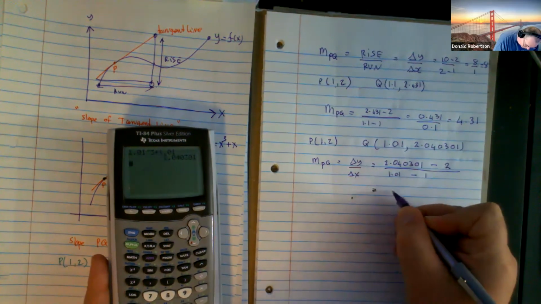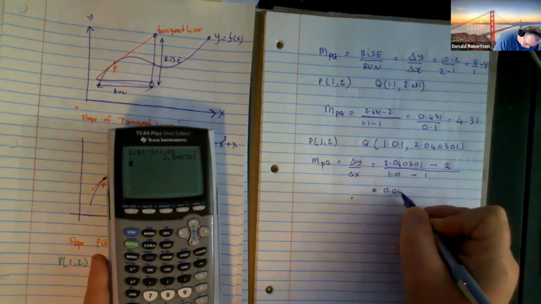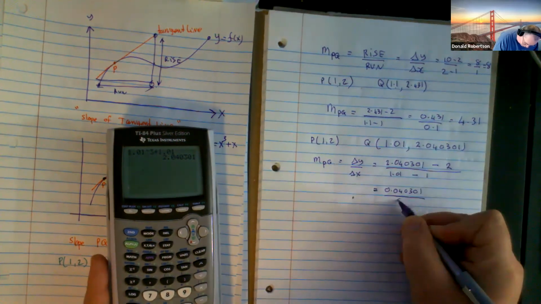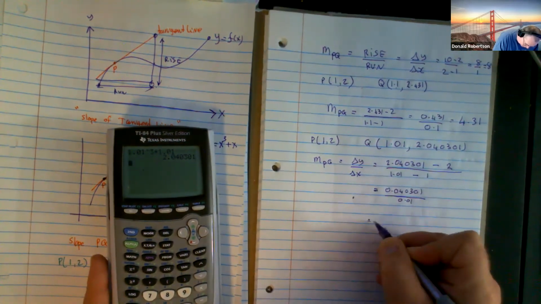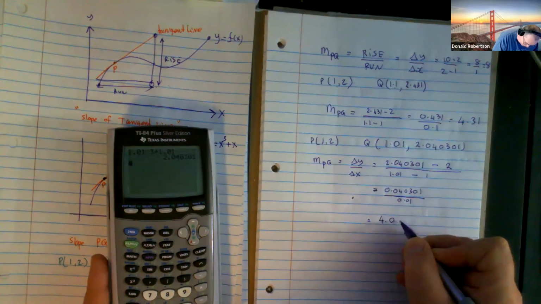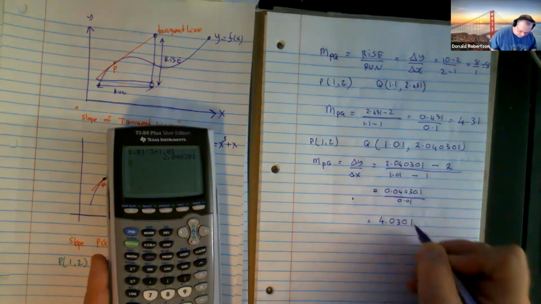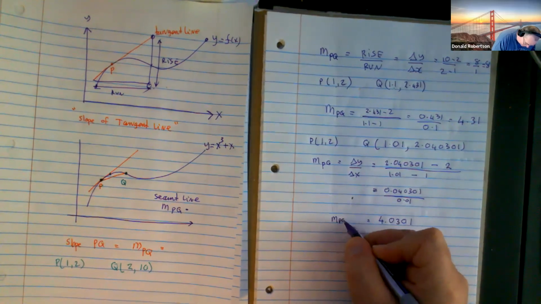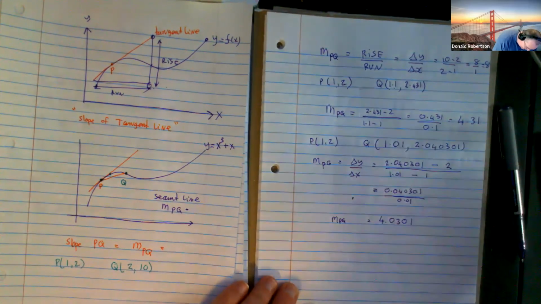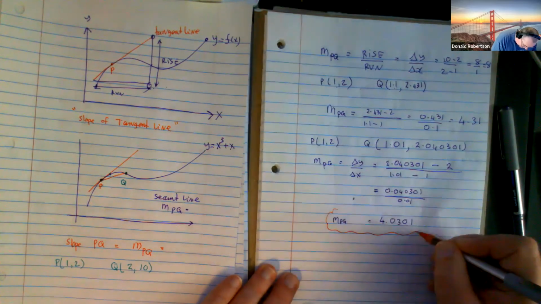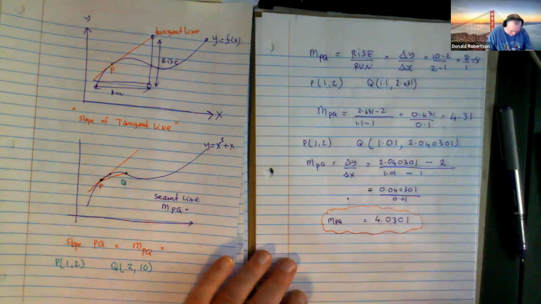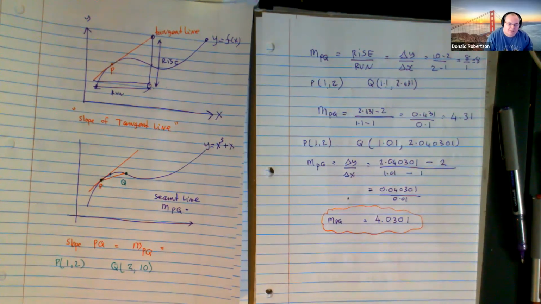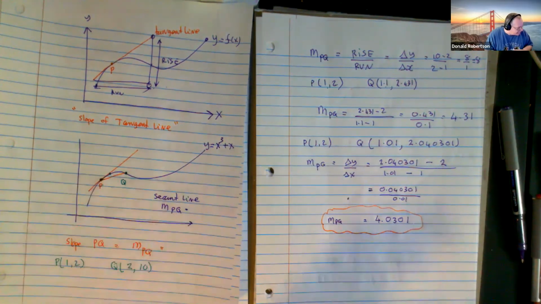And so we got 0.040301 over 0.01. And now we got the answer 4.0301. Now that slope is virtually the same as that tangent line. You agree it's a very good estimate.